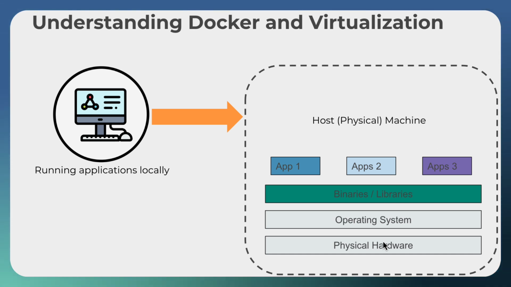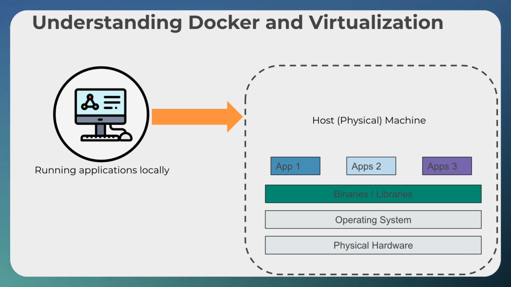So the application or applications that we are opening are all running on top of our machine directly. If you look at our host, in this case our physical machine, we have the physical hardware, and then we have the operating system, which governs the entire computer. And on top of that, we have these binaries and libraries, which are pieces of code or software that make it so that the applications we run can actually run on top of our operating system.